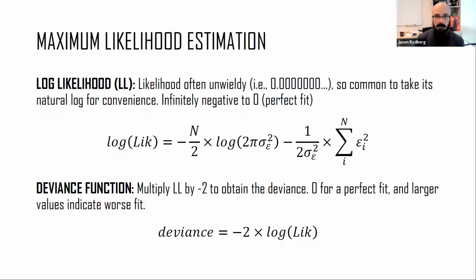So any maximum likelihood estimation is really trying to minimize the deviance function, which is conceptually similar to the sum of squared residuals. An OLS model finds the parameters that minimize the sum of squares. Maximum likelihood says, give me a value that maximizes the log likelihood, or equivalently minimizes the -2 log likelihood, or the deviance function.